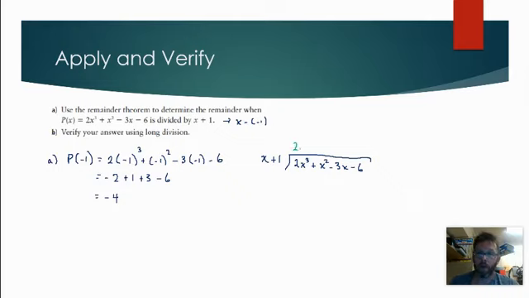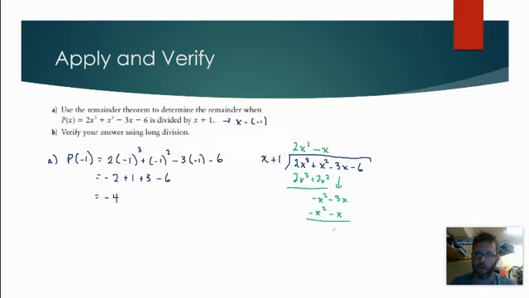Right, x goes into 2x cubed, 2x squared times. 2x cubed plus 2x squared, and subtract, negative 1x squared, bring down minus 3. x goes into negative x squared, negative x times. Negative x squared minus x. Careful with the subtraction.